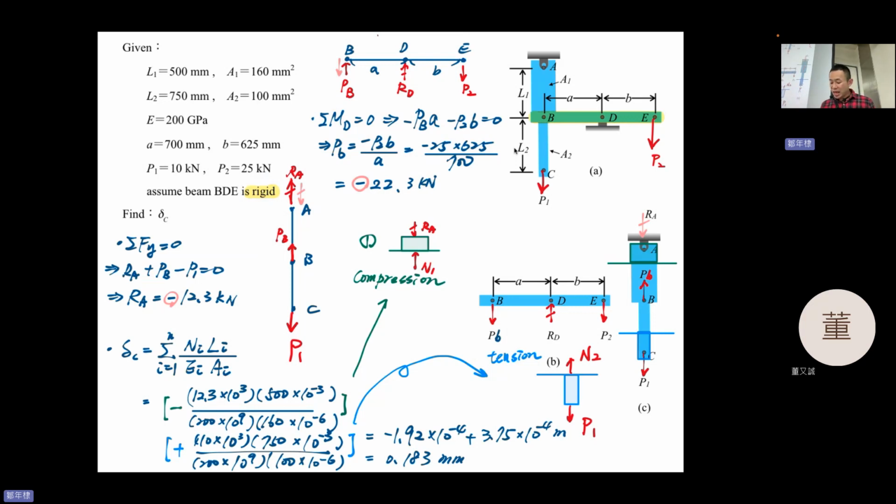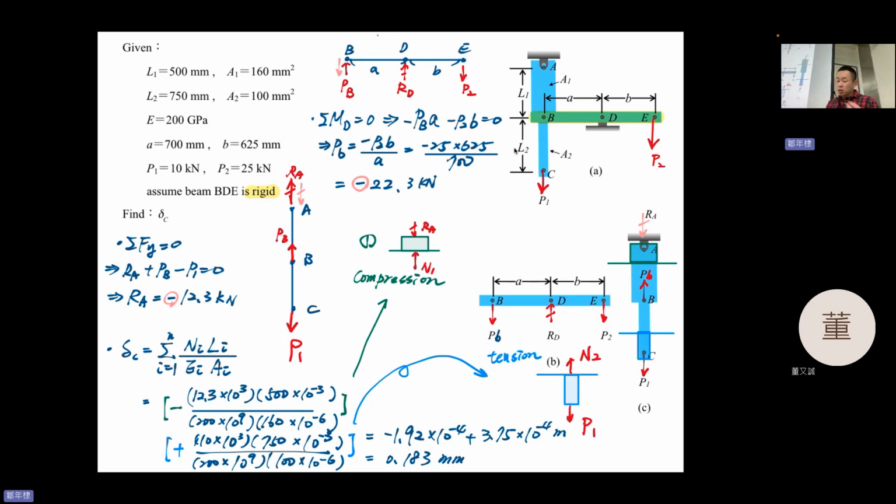He asked us to get the deformation at this point. So we need to know the internal force for each section. And because we don't know B, we need to use the other part to help us get B and PB.